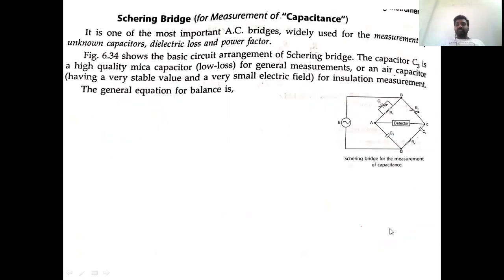Next we will discuss the Schering bridge, measurement of capacitance with the Schering bridge. What is the main objective of the Schering bridge? The main purpose of the Schering bridge is to find out capacitance while comparing with a known capacitor.